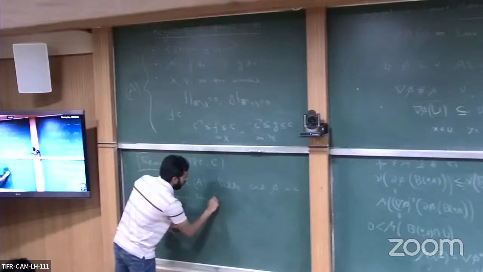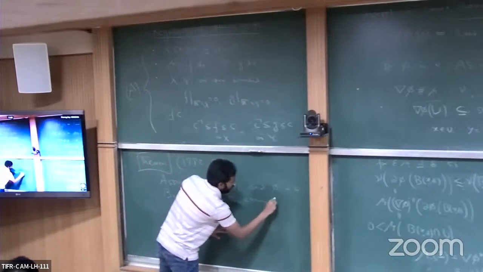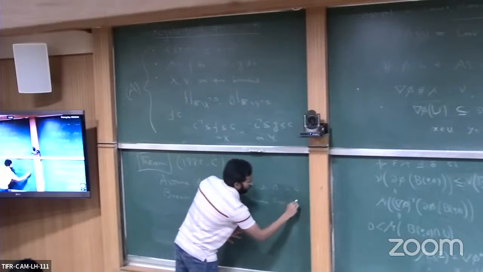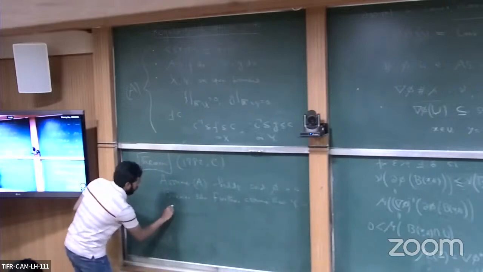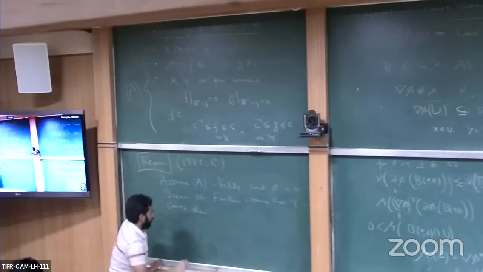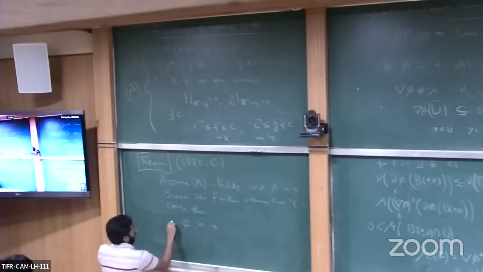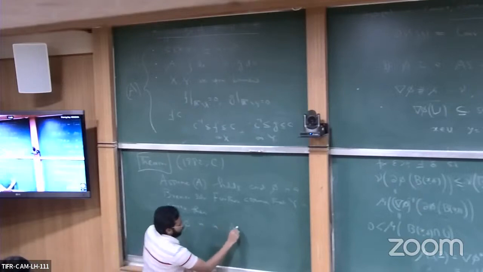Further, assume that Y is convex. Then P is an Alexandrov solution.